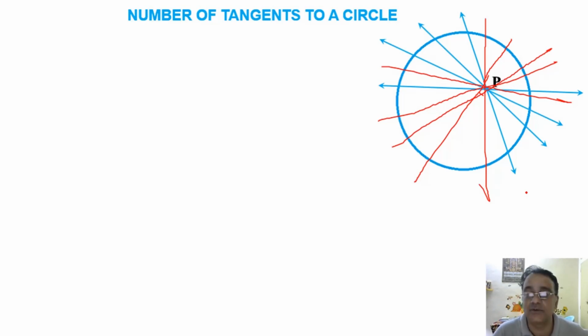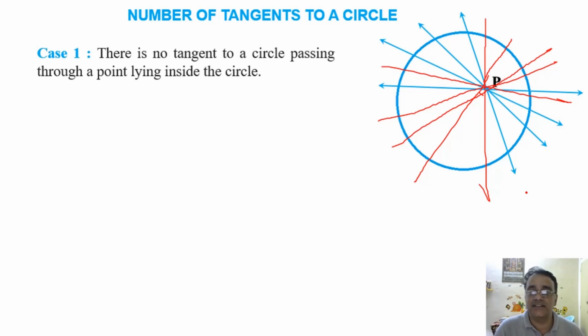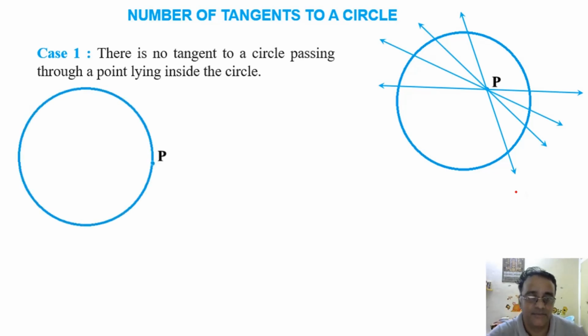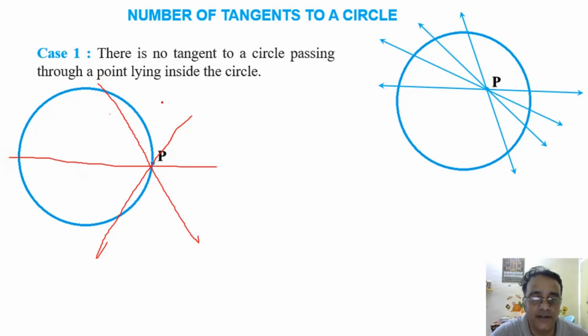So what is our conclusion in this case? There is no tangent to a circle passing through a point lying inside the circle. Any doubt here? No, sir. Okay. Now the second case, when it lies on the circle. So again here also, so many lines we can draw which passes through point P. लेकिन उसमें एक ही लाइन जो होगा जो point P exactly वहां से पास होगा.